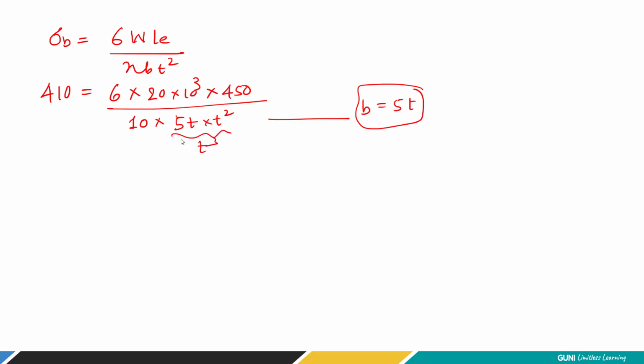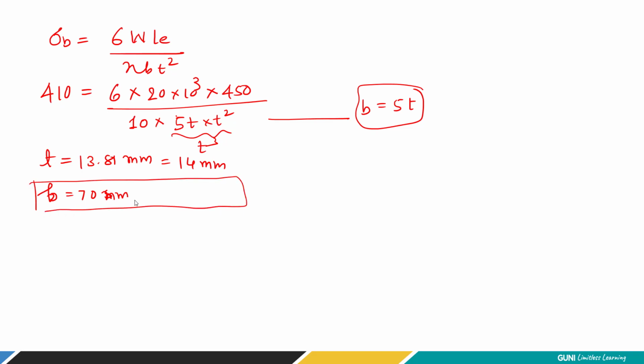So you can simply solve this equation. T is going to be 13.81 millimeter. So I am going to take it as 14 millimeter. So here B is going to be 5 times 14, which is 70 millimeter. So the answer is B is 70 and thickness is 14 millimeter.